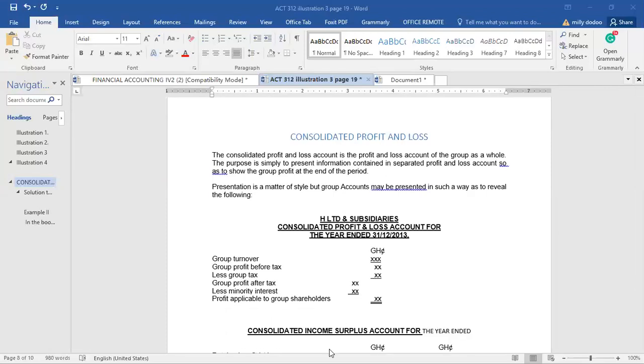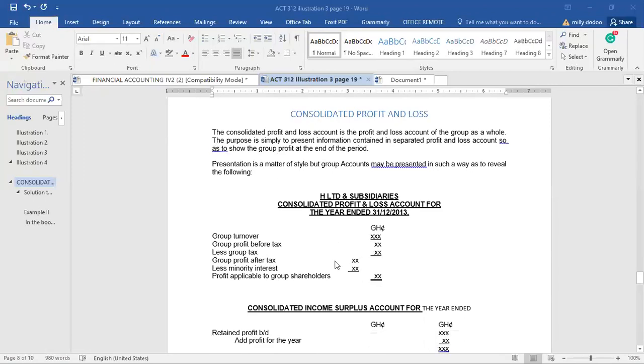We treat them in a different manner, and when we get there, I'll show you how to do that. But for now, where there is a parent subsidiary relationship, the account can be consolidated, and this is the format of how a consolidated statement of profit and loss account looks.